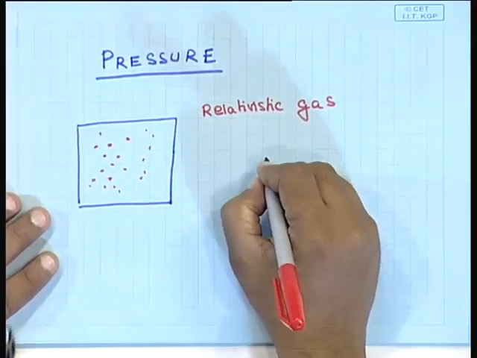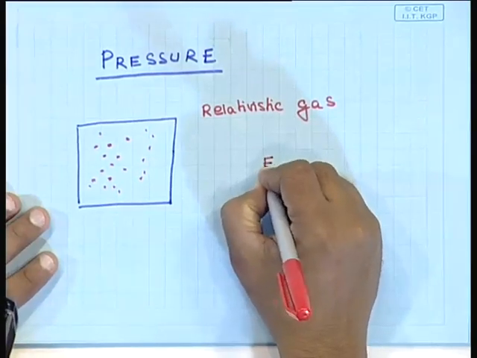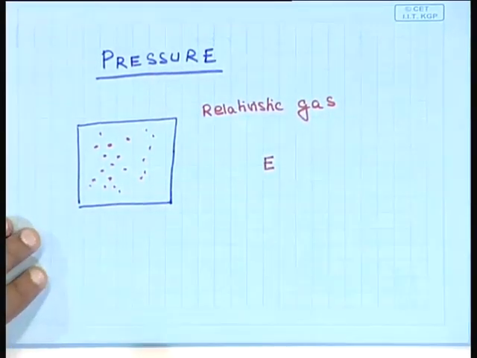For these particles, let us assume that they all have the same energy E. The argument that I am going to place does not depend on this assumption. I am making the simplifying assumption that they all have the same energy E. It goes through even if you assume a distribution of energies.